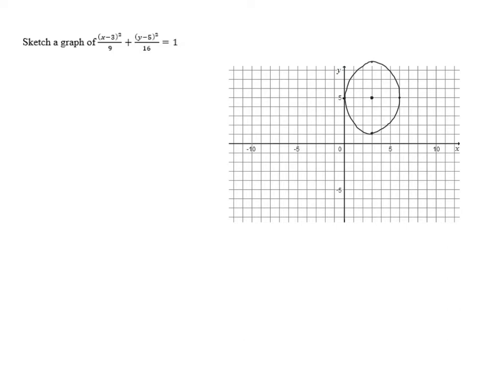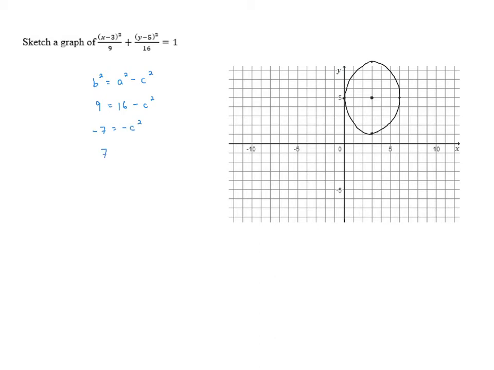If we wanted to find the foci, remember that we need the value of c, and this comes from b squared equals a squared minus c squared. So we've got 9 equals 16 minus c squared. If we subtract 16 from both sides, we get negative 7 equals the opposite of c squared.